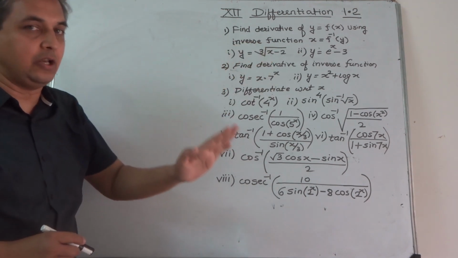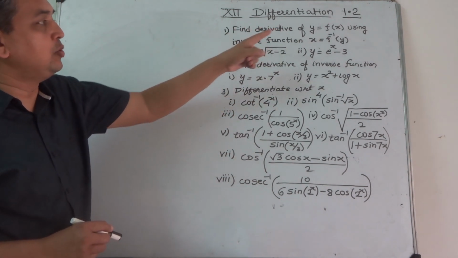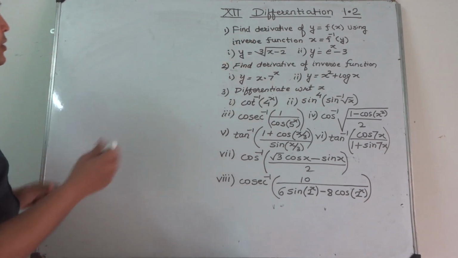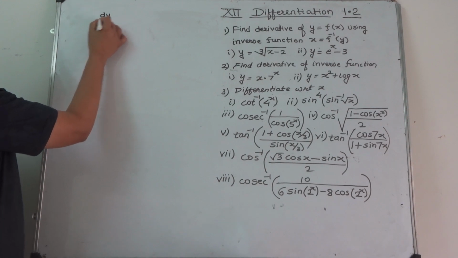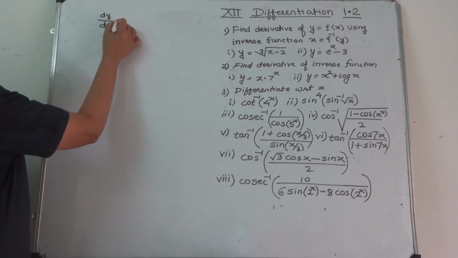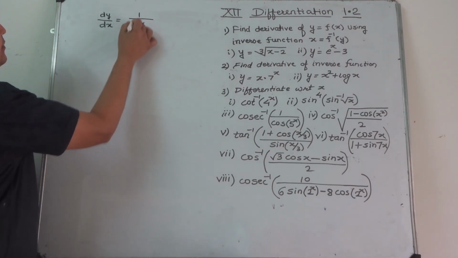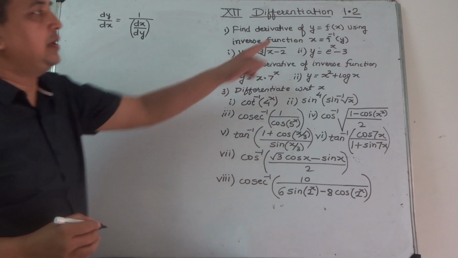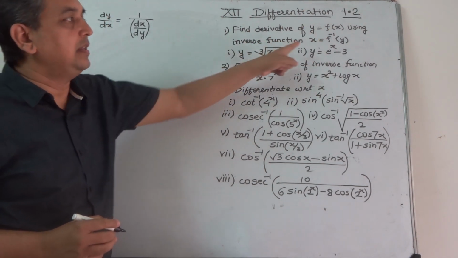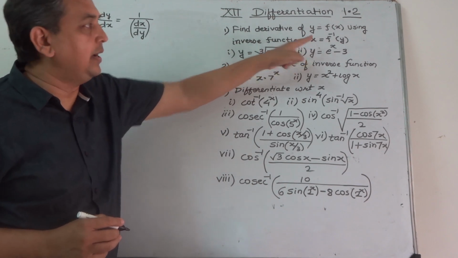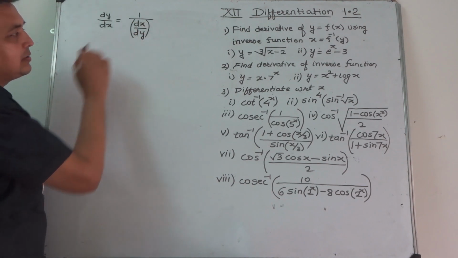We can solve it directly also. dy by dx can be solved directly, but we have to use the inverse function, and for that the formula is dy by dx equal to 1 upon dx by dy. So we have to convert y equal to f(x) in terms of x equal to f inverse of y, then find its derivative with respect to y and then solve. So dy by dx equal to 1 upon dx by dy.